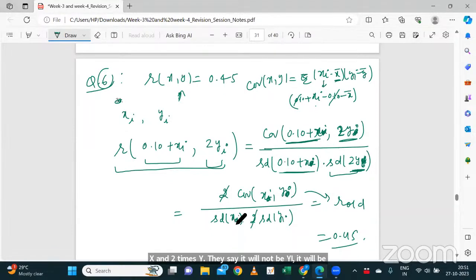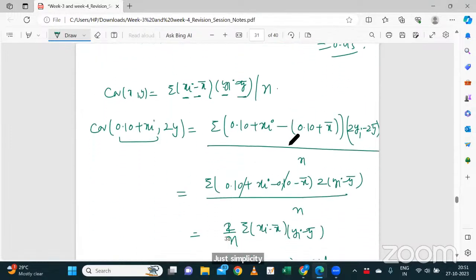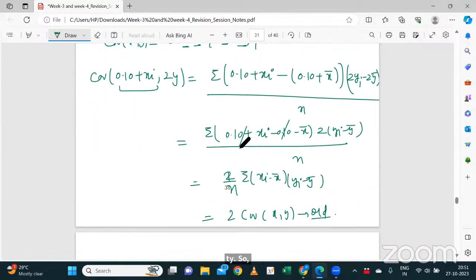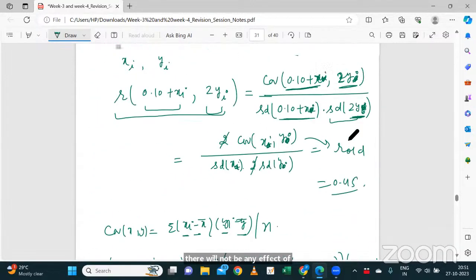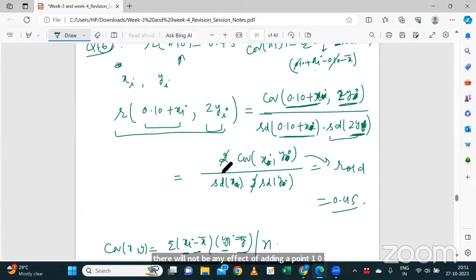Okay. So now tell me, will there be any effect of adding 0.10? We have derived there will not be any effect of adding 0.10. The 2 will come outside this multiplication, so we get 2 times the covariance of x comma y. Now, adding or subtracting a constant does not affect the standard deviation, so we get the same standard deviation for x, and then the standard deviation for 2y.